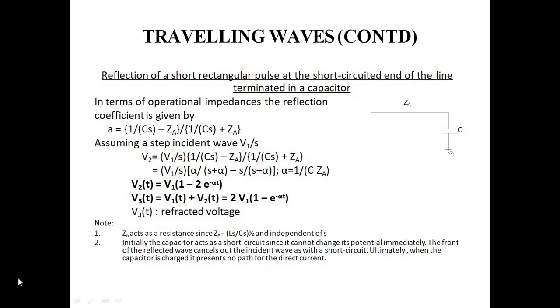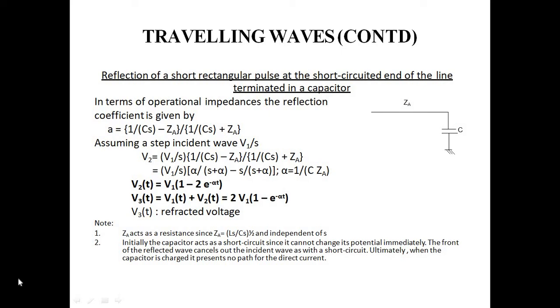Next, reflection of a rectangular pulse at a line terminated with a capacitor. The reflection coefficient A is equal to (1 by CS minus ZA) divided by (1 by CS plus ZA). Assuming the step incident V1 divided by S, V2 is equal to V1 divided by S into (1 by CS minus ZA) divided by (1 by CS plus ZA).